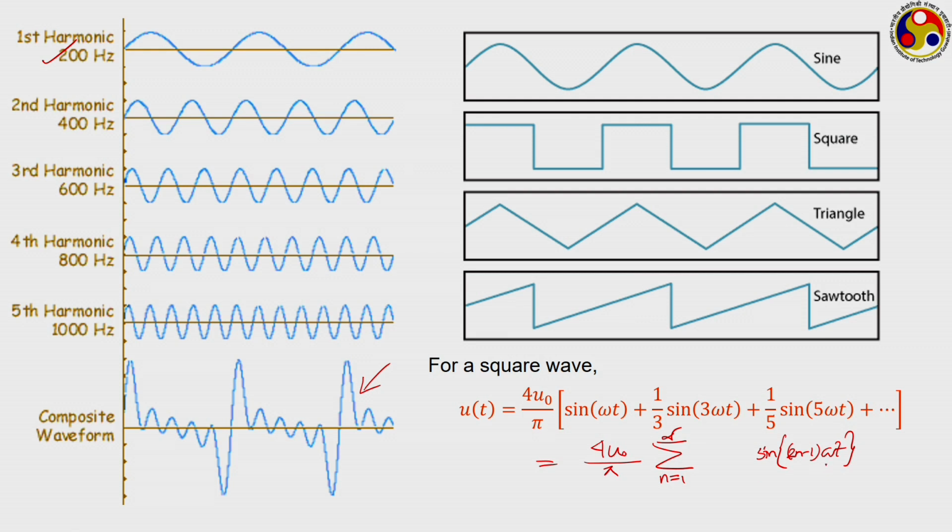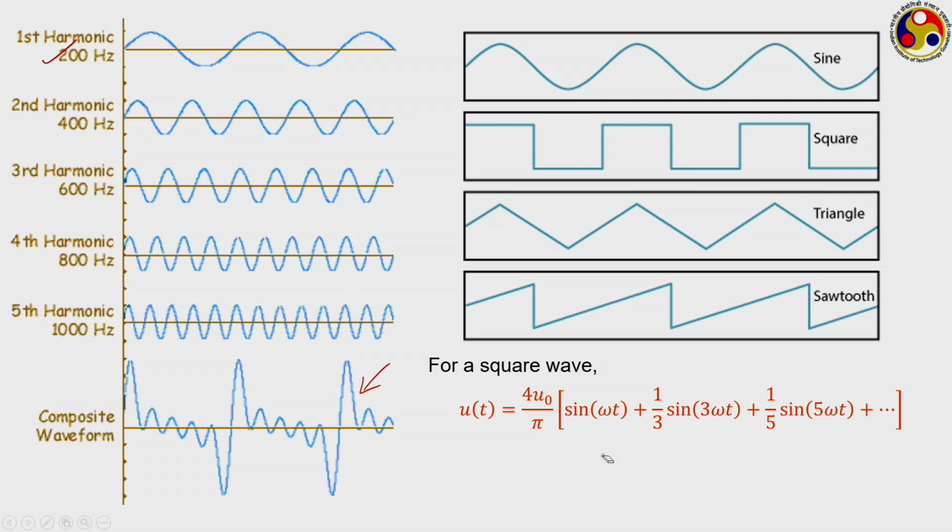So when n equal to 1, this will give us 2n minus 1, that is 2 minus 1, that is 1 omega t. Then when n equal to 2, this will give us 4 minus 1, that is 3 omega t. When n equal to 3, this will give us 5 omega t, divided by 2n minus 1, which leads to 1/3, 1/5, etc. So this way we can write this into a common structure like this, and the gist is that the square wave can be converted to a Fourier series form.